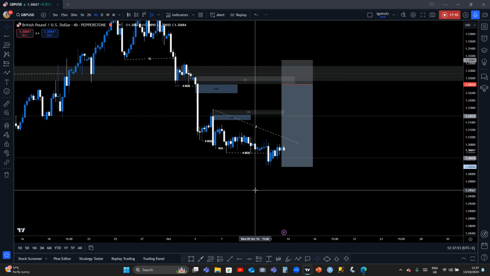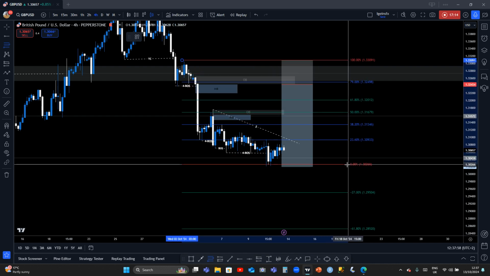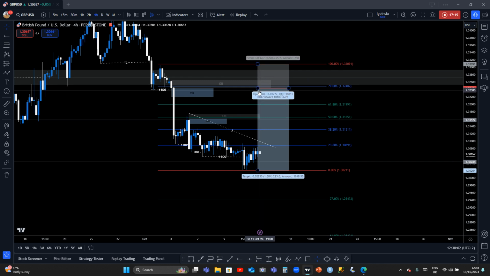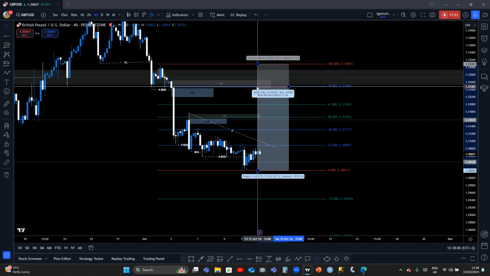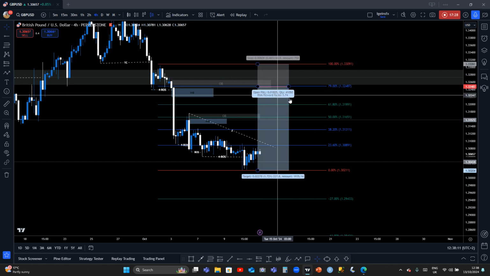Now, to further buttress the analysis, you take your fib from up to the downside. You can see that 79 aligns with this. All right, 79 aligns with this.